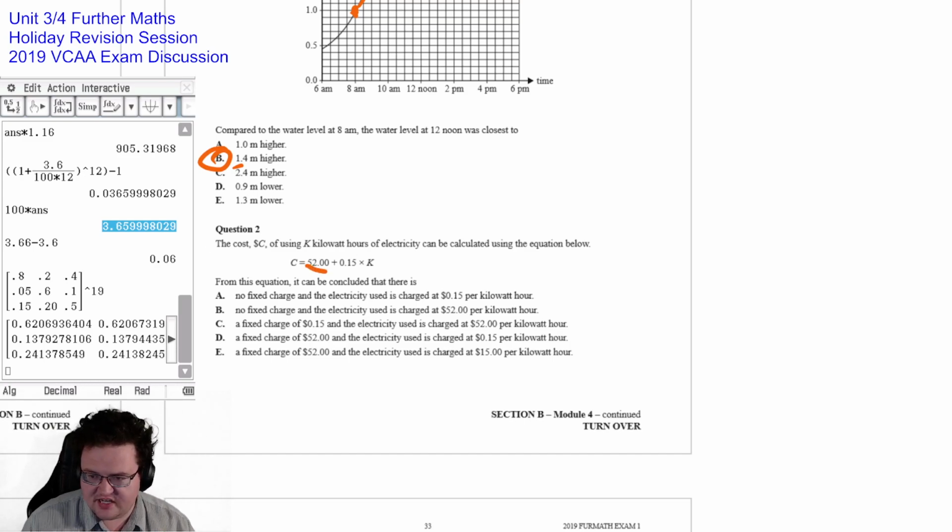First things first, this here is a fixed charge of $52. Therefore, that one's gone, that one's gone. 0.15 times the number of kilowatt hours, 15 cents per kilowatt hour. No, that one's gone. Therefore, it's D.